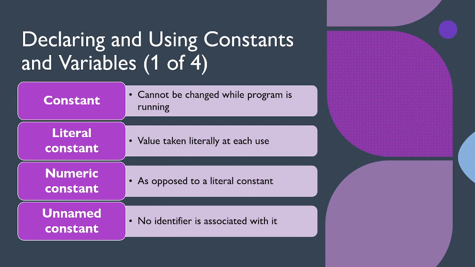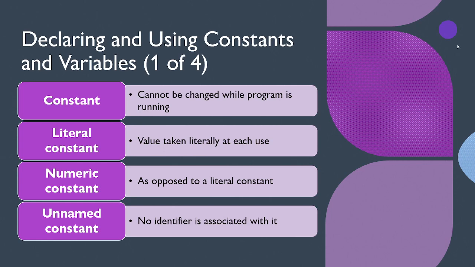A literal constant means the value is taken literally at each use, like a string literal or a number. A number is technically a numeric constant, but a literal constant is like just a string. A numeric constant is like a 5 or a 4 or whatever. An unnamed constant is when no identifier is associated with a constant.